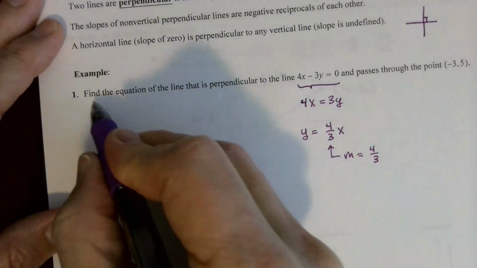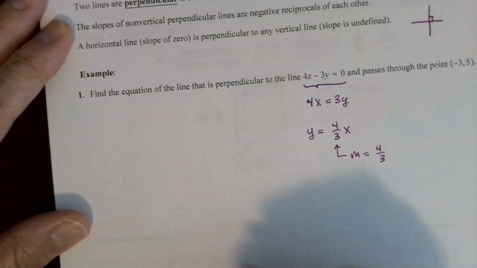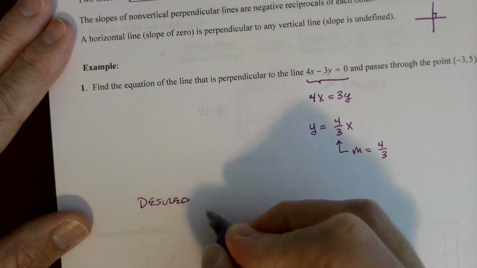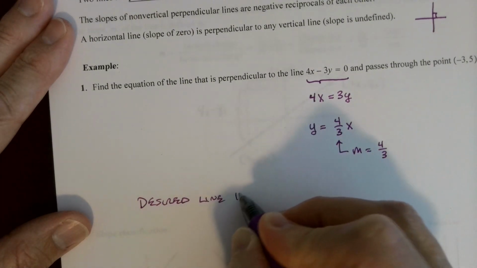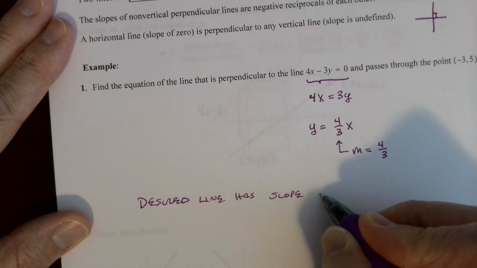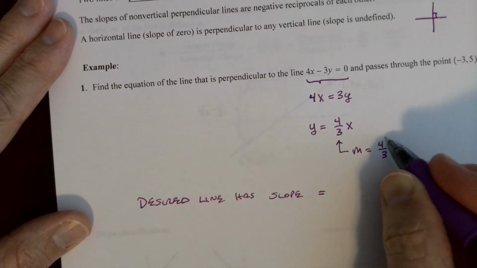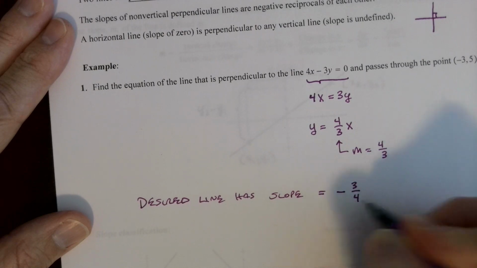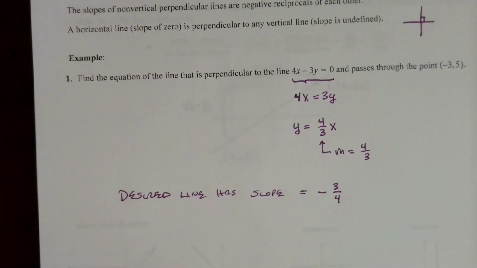Okay? But what is the slope of this line that's perpendicular? So the desired line, we'll say, has slope, what? Equal to what? The negative reciprocal. So negative what? Reciprocal of 4/3 is 3/4. That's the slope of our line that we're looking for.